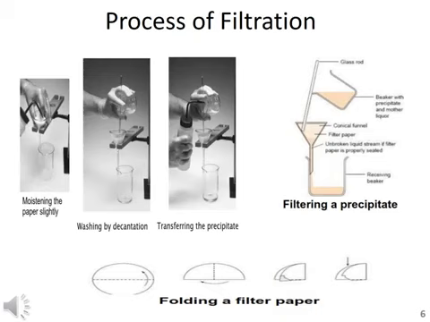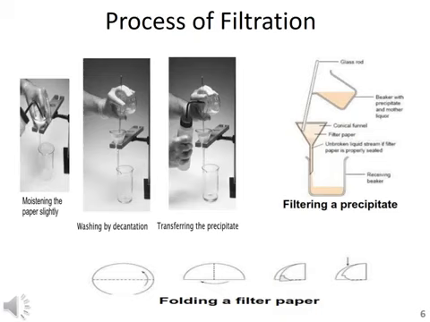So after formation of precipitates, a suitable filter paper will be chosen, and this filter paper will be folded as in this picture. You can just fold it in two sections, then make it four sections of a filter paper. And using this filter paper, you can filter the reaction mixture.